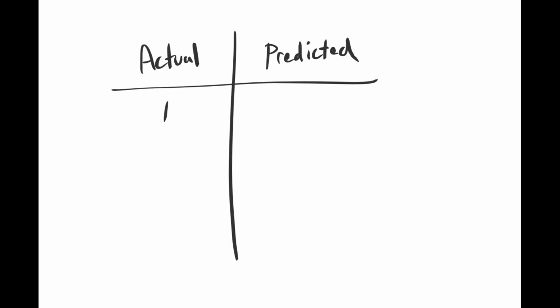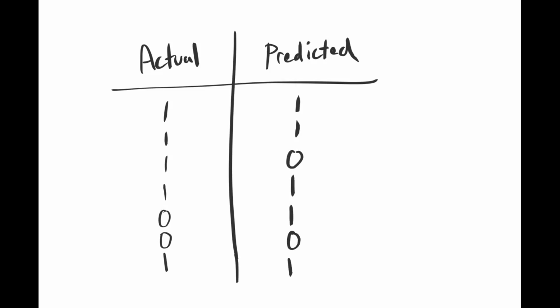So you could have something like this as your outcome, right? And then your predicted outcome could be something like 1, 1, 0, 1, 1, 0, 1.